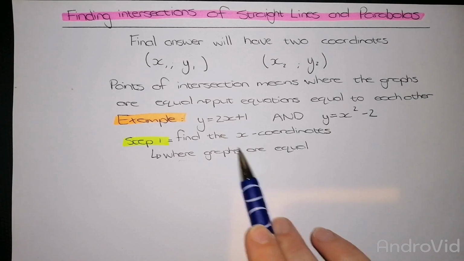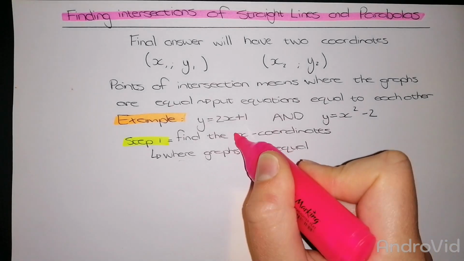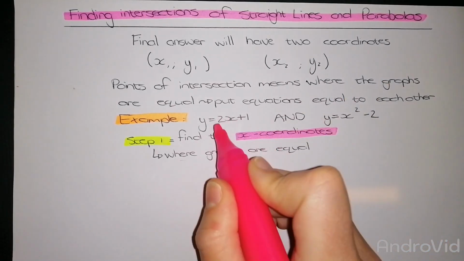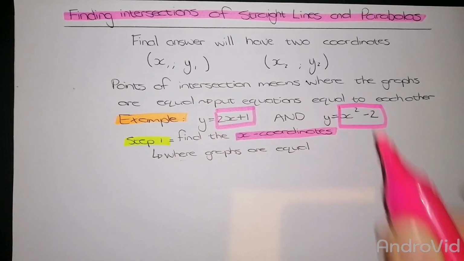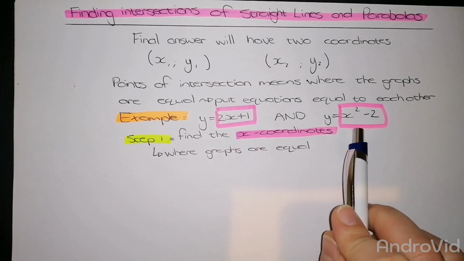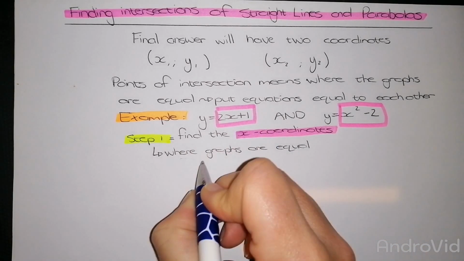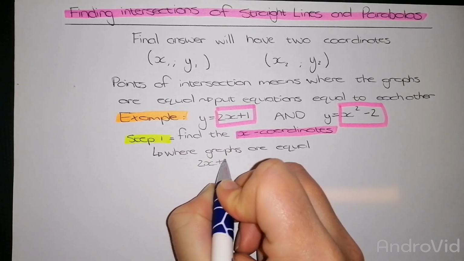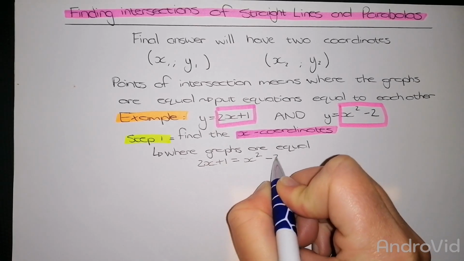Because my first step is only finding the x coordinate, I need to only use the part of my equation that has x's in them. The way we do that is put them equal to each other because it is where my graphs are equal. So when I write that, I'm going to have 2x plus 1 is equal to x squared minus 2.